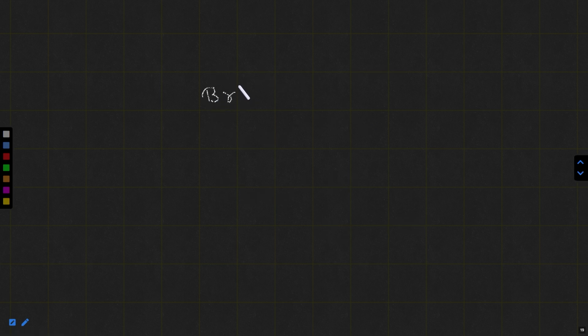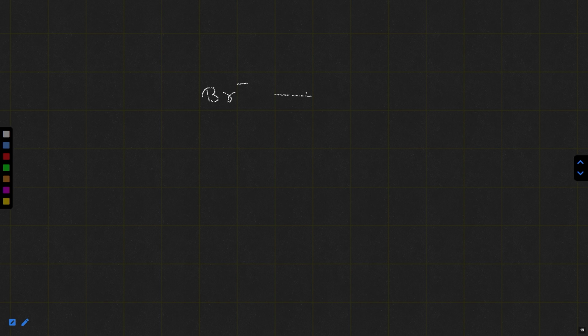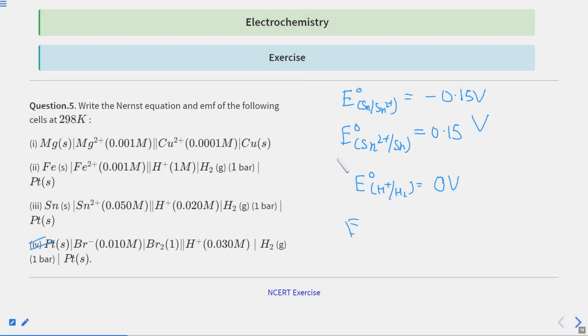Br is getting oxidized. So Br minus is going to Br2. I will multiply it with 2 initially so that the number of Brs is balanced. This will be in aqueous form, this will be in gaseous form. So again, you can see that Br2 pressure is taken as 1 atm.